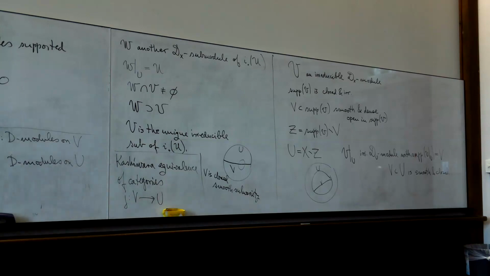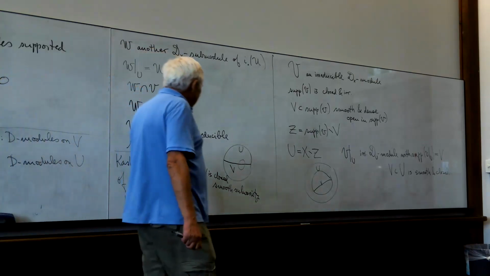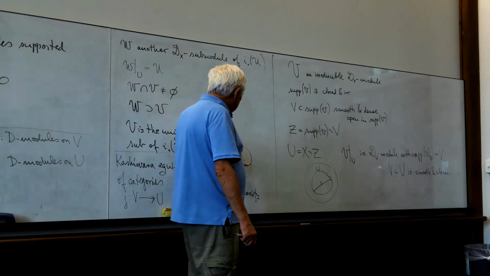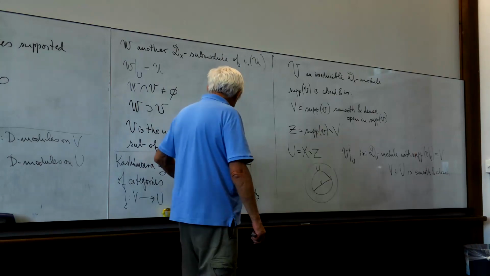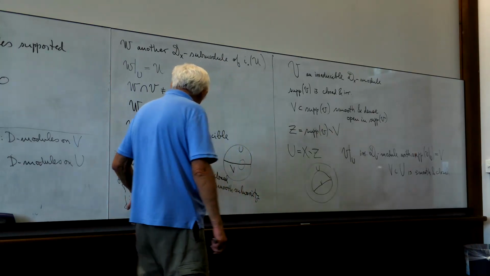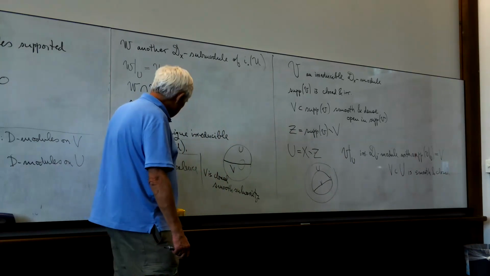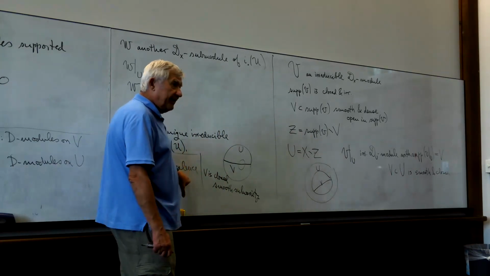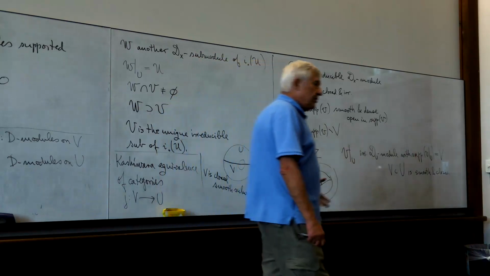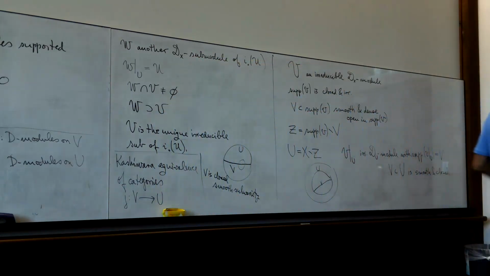And this gives us the answer that if V is sufficiently small, there is an irreducible connection on V, which, if it's pushed forward by the inclusion of V into U, and then U into X, gives us a holonomic module, which is actually the direct image of the composition. It's a composition of direct images.